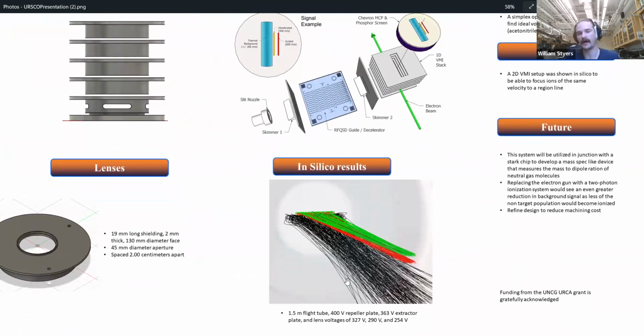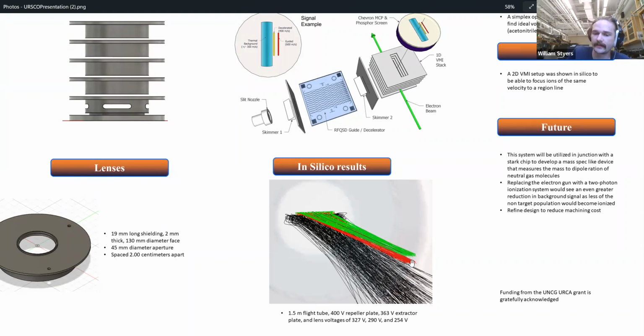We have this black body, which would be our background population. Molecules that missed the chip would be considered in this population. And then molecules that did not miss this chip will have a different velocity. So as they become ionized and influenced by this repeller plate, they'll begin to separate from this black body.